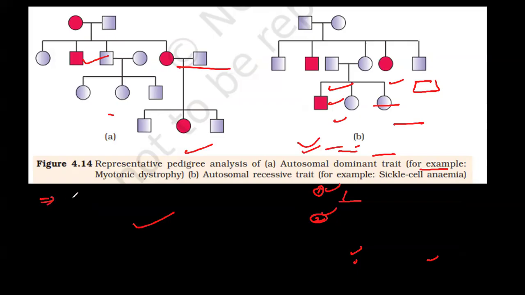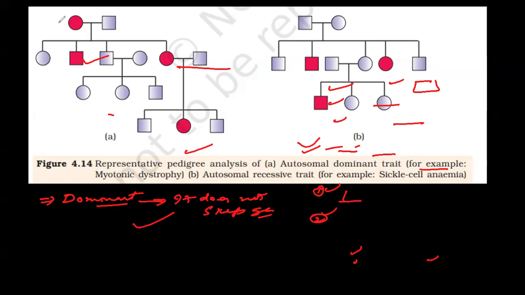Number one, we have to find out whether it is a dominant trait or a recessive trait going through the generations. If it skips generations, then it is a recessive trait. Just remember dominant only: it does not skip generations.